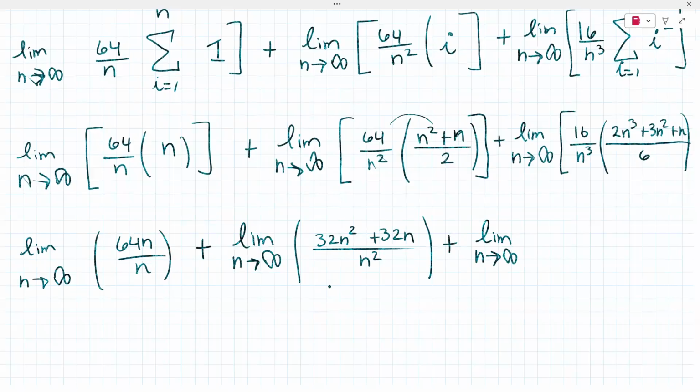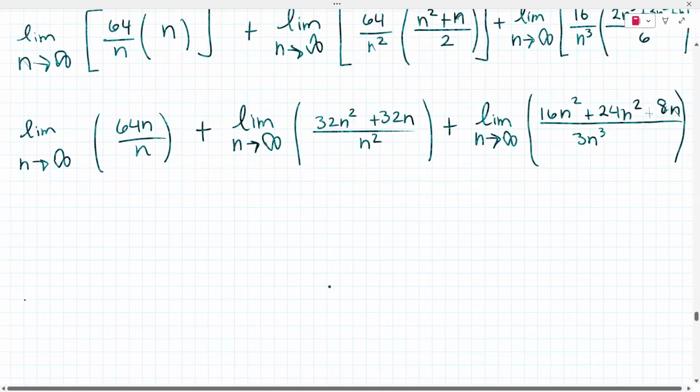And then when you FOIL this out, 16 over n cubed is going to be 16n cubed plus 24n squared plus 8n over 3n cubed, right?